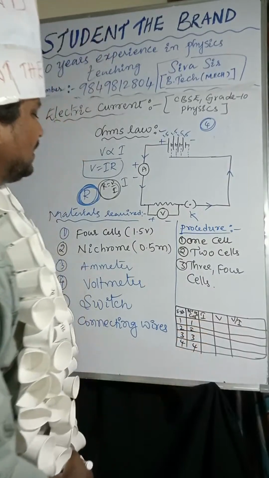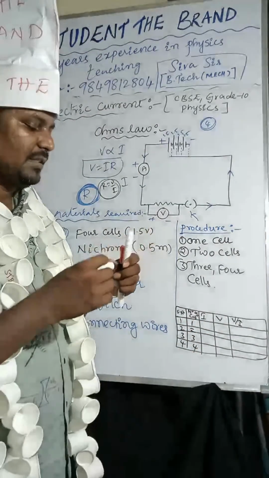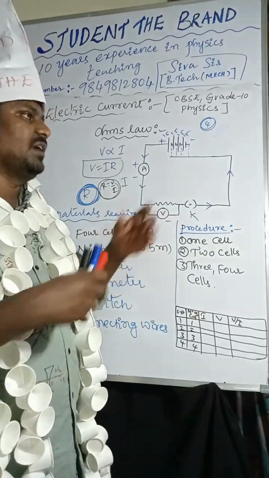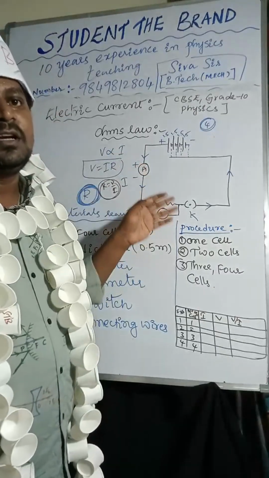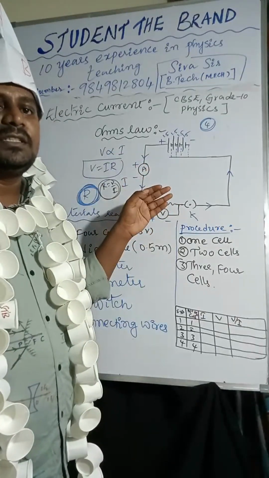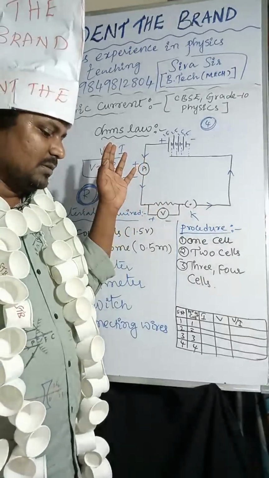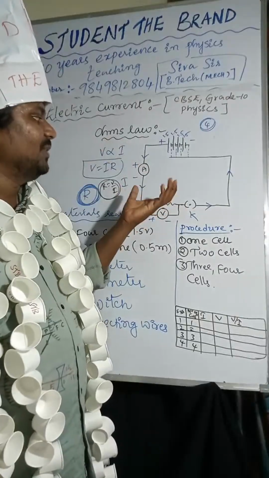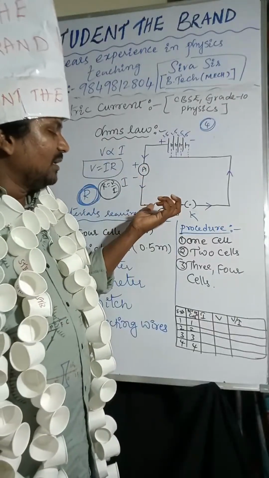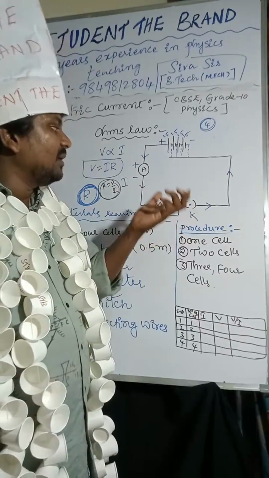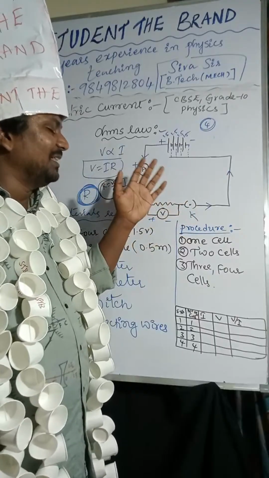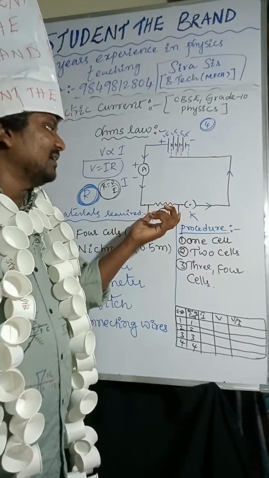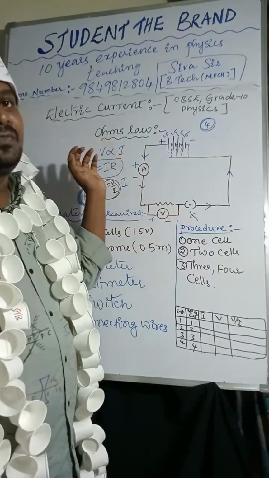Here I am considering Ohm's law once again. Ohm's law is nothing but: the potential difference across the ends of a given metallic conductor is directly proportional to the current flowing through it.